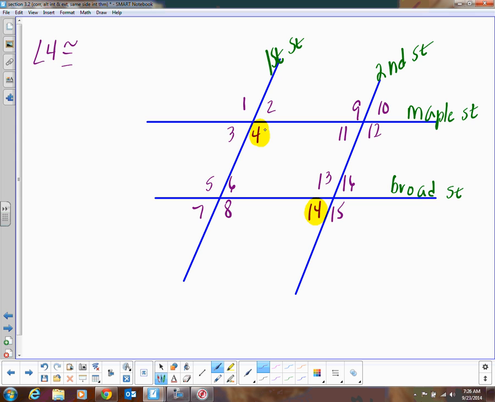Okay, 4 and 11 form a C. Are those congruent? No. 9. Okay, that's a very little used one. And what is this reason? If lines parallel, what type of angles are they?